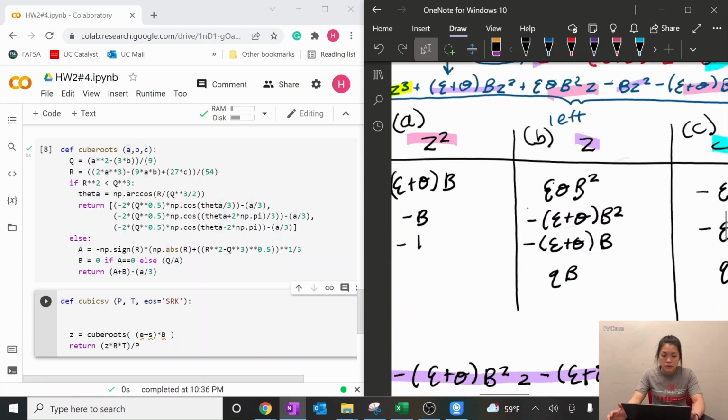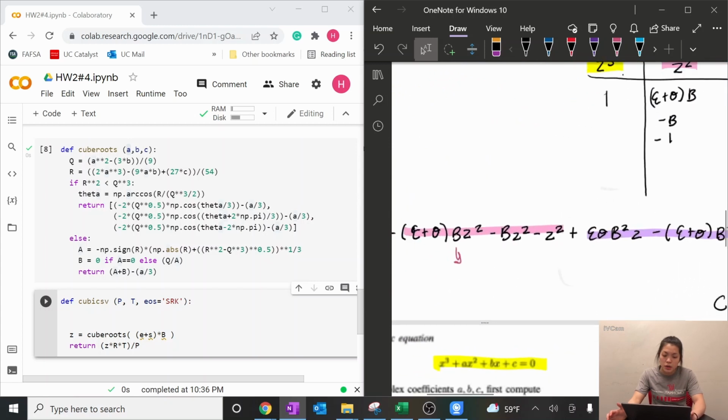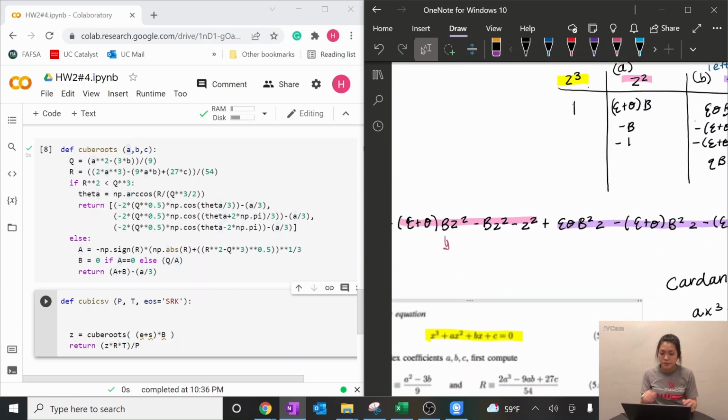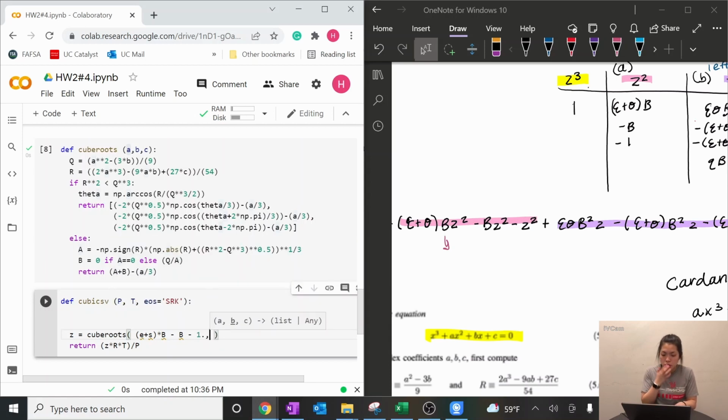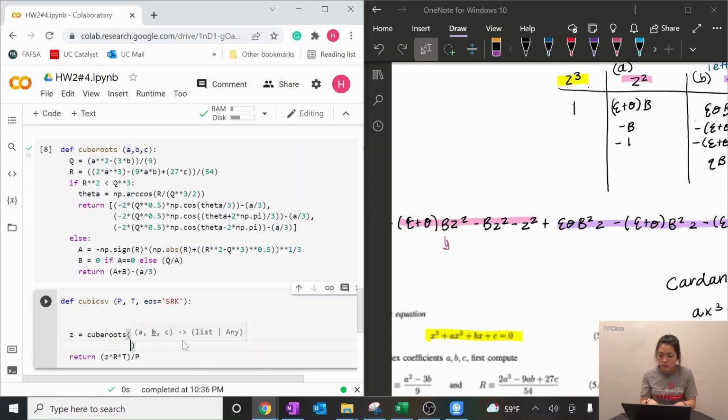So essentially we're following this chart, but we're going to do it following the equation so we can see it. And then we have minus the beta, and then we have minus 1, which is just the compressibility factor, Z squared. So that is all of our terms for the A root.